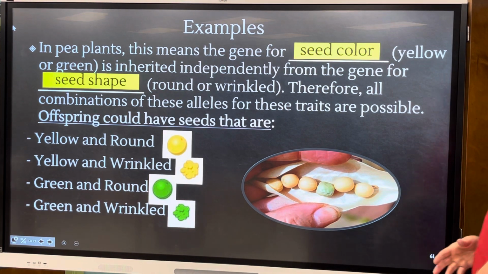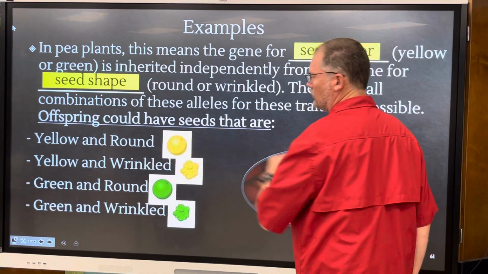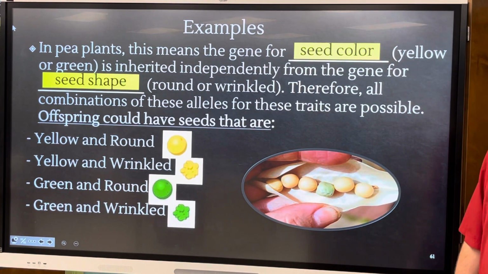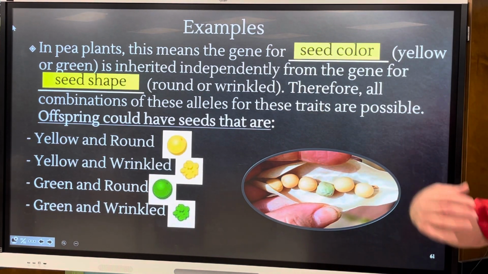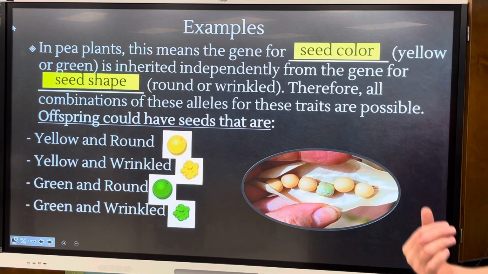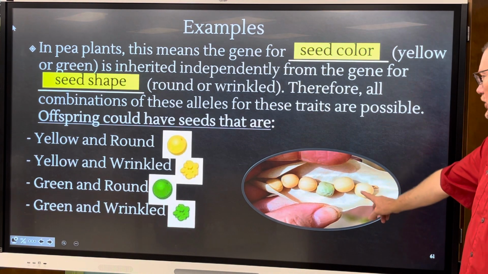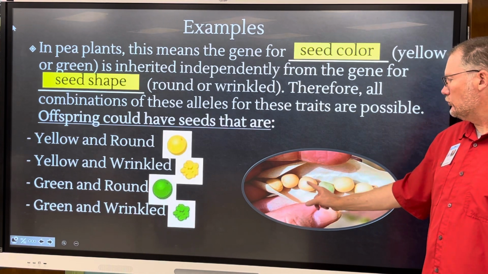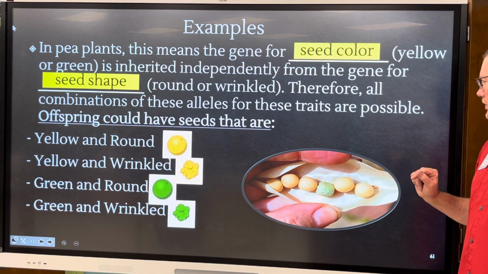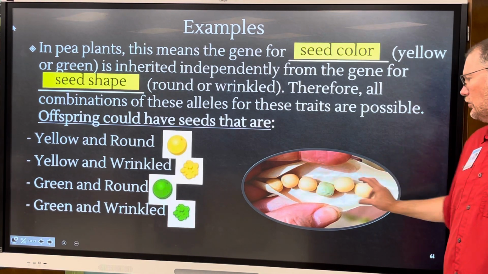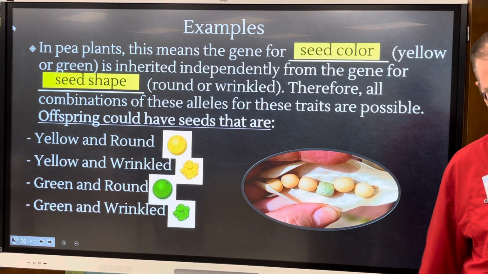The offspring could have seeds that are yellow and round, yellow and wrinkled, green and round, or green and wrinkled, you see. And this is an actual picture of yellow round, green and wrinkled, so you can see that this was real.